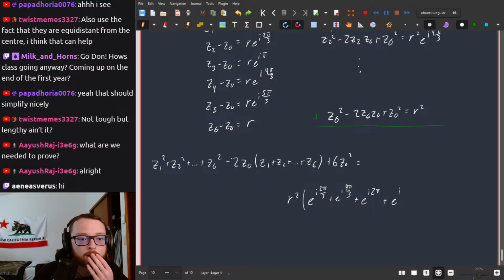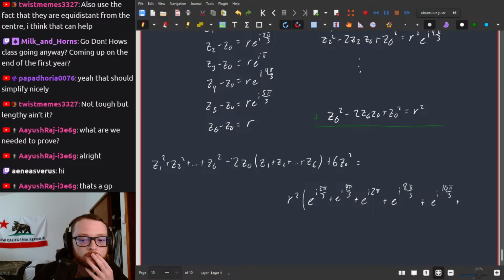Squaring that one. This one. Geometric progression.